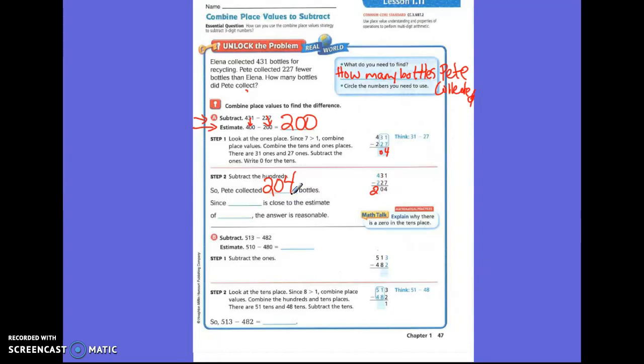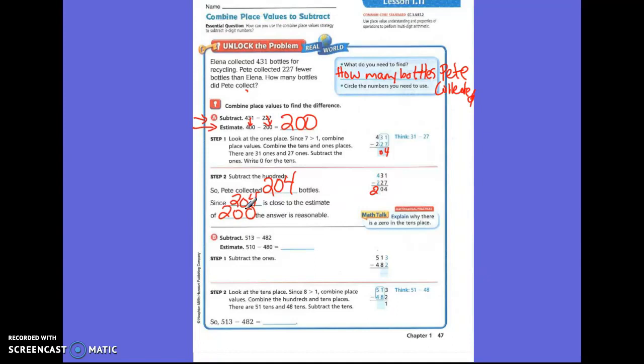Since 204 is close to the estimate of 200, then our answer is reasonable.